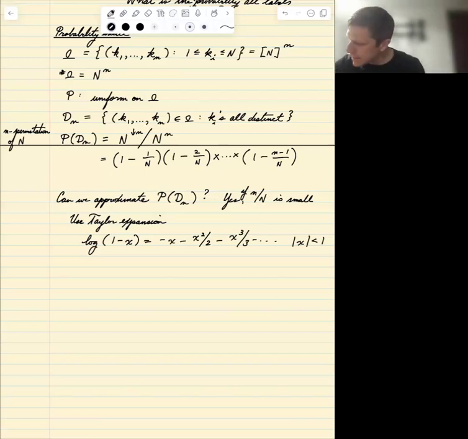And if x is small, close to 0, this is approximately minus x. Why? Because these higher order terms disappear. Okay.